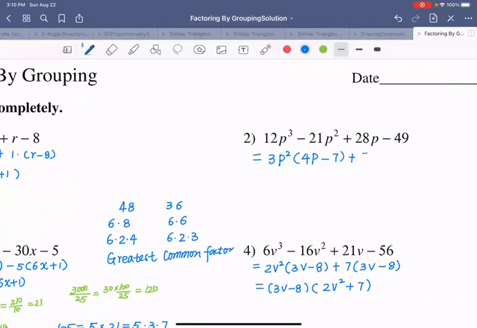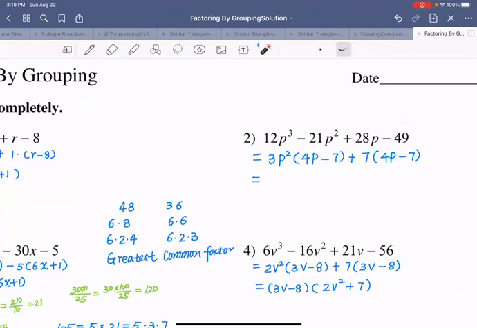So you take out the 7. This first term, this term becomes to who now? This becomes to 4p, correct? Yeah. This guy becomes what in this parentheses? -7.